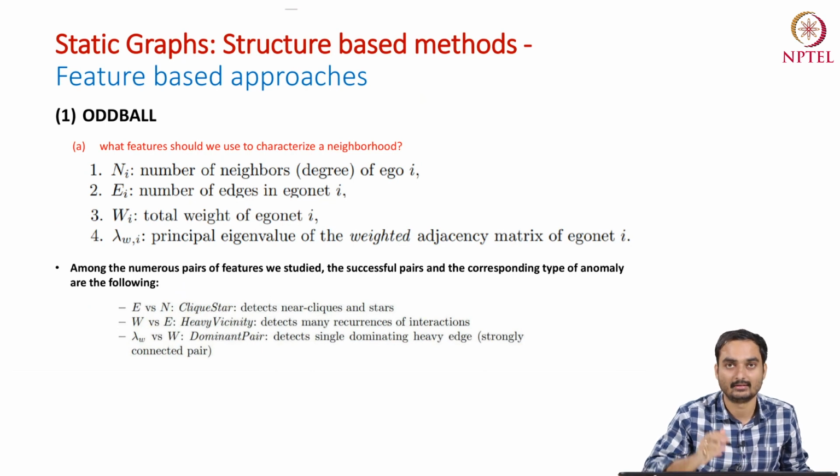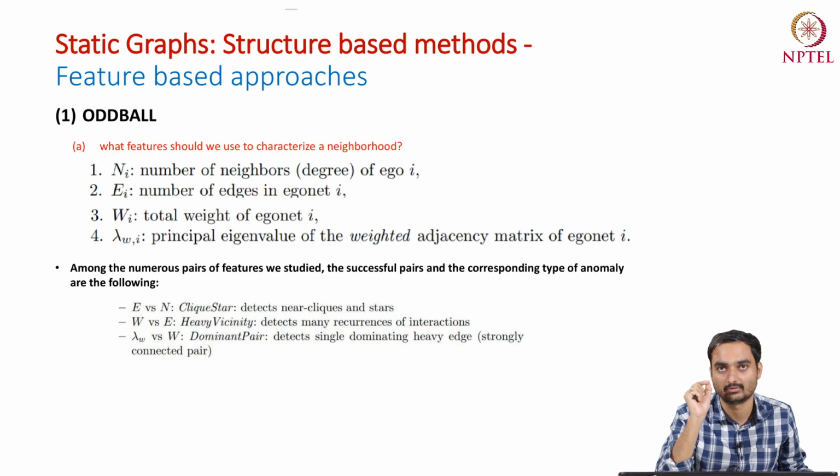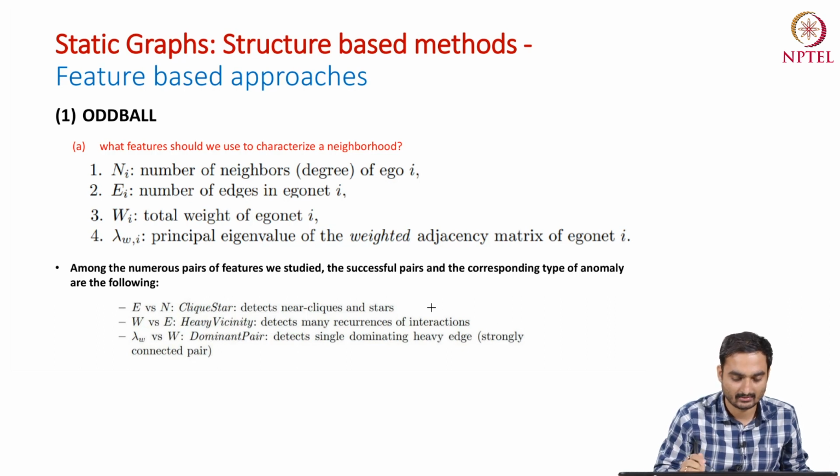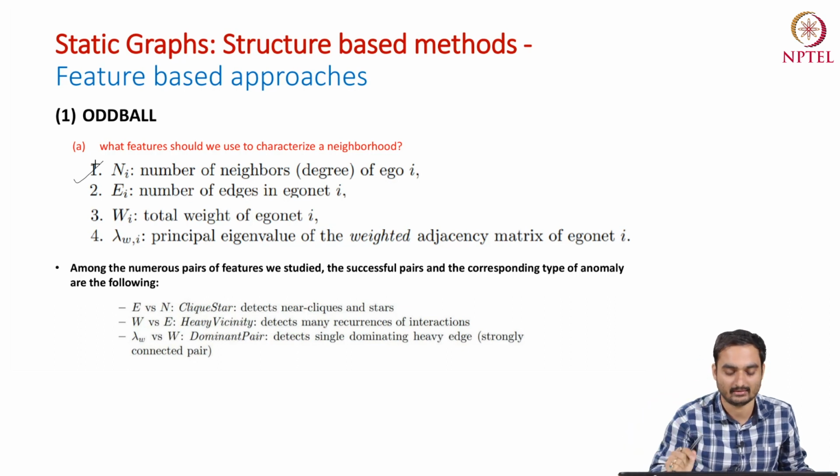They have considered, remember, they have only looked at the ego network, and they have considered the number of neighbors, N_i, which is basically the degree of the ego. Then the number of edges in the ego network. It is not the degree of the ego, because it is the induced subgraph, neighbors are also connected.